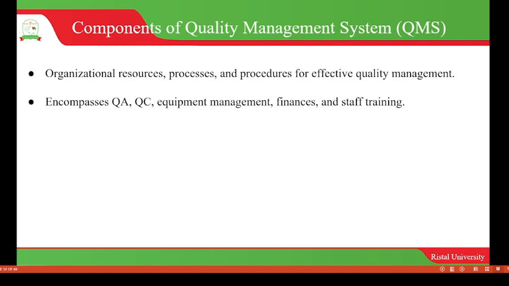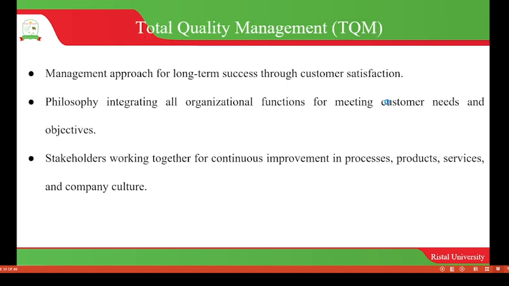The components of quality management system include organization resources, processes, and procedures which are used for effective quality management. And then it encompasses quality assurance, quality control, equipment management, finances, and staff training.